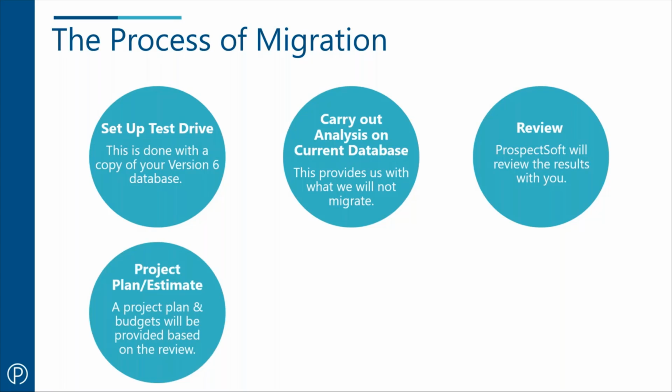So what the migration would look like to you. It typically is similar in some elements for customers, but there are always different elements that we need to migrate over for different customers. So we do put a specific project plan together and a migration plan for customers on a per customer basis.